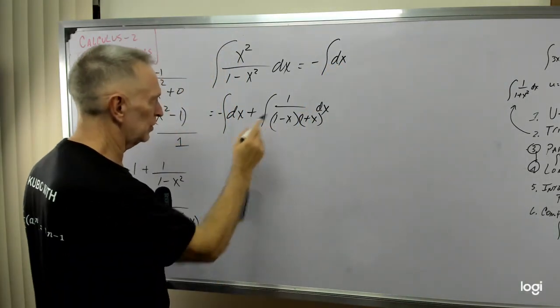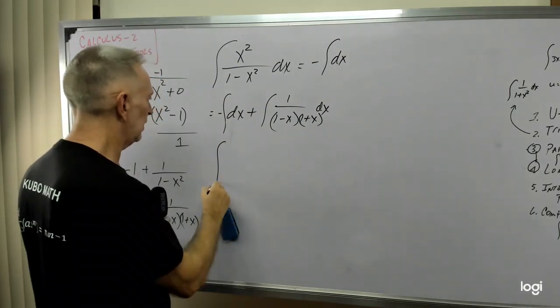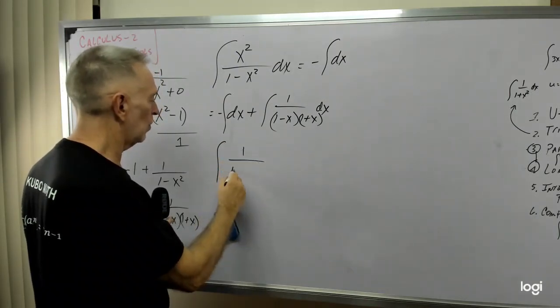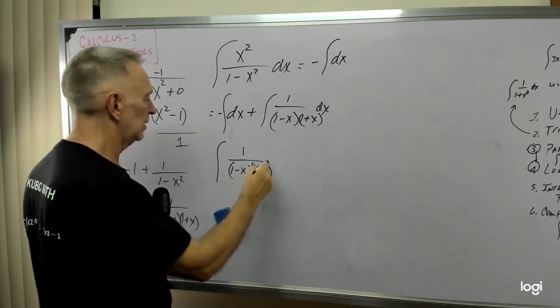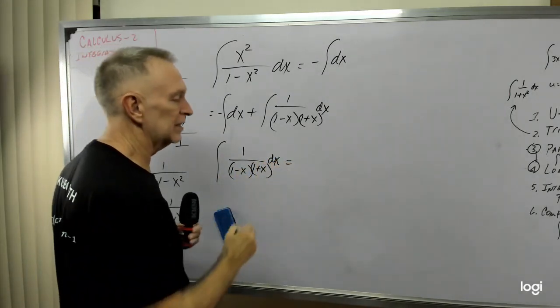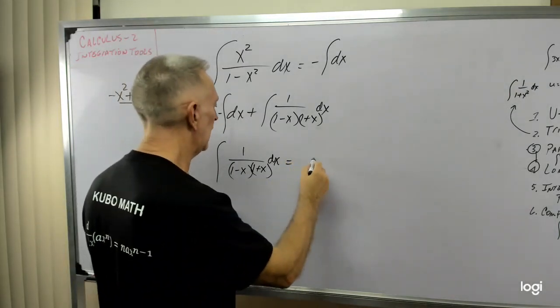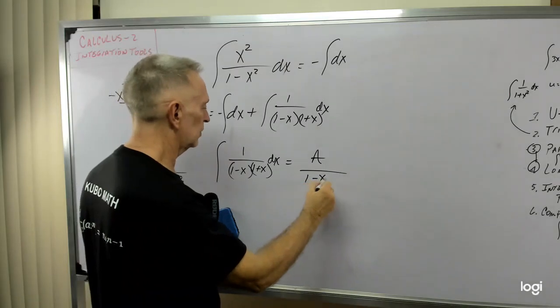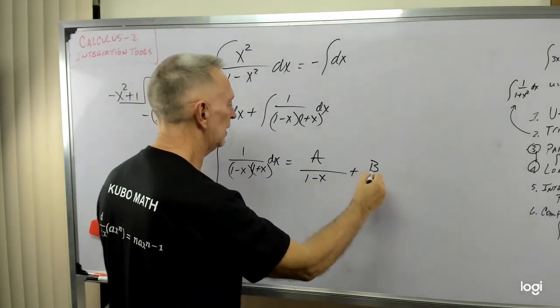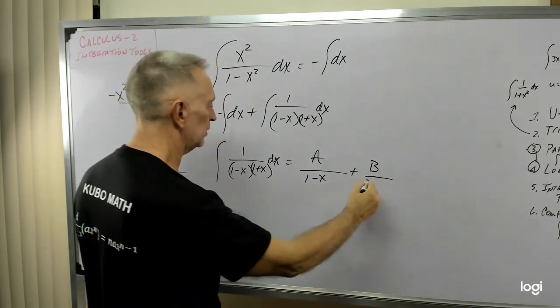So let's work with just this one. So we have the integral of 1 over 1 minus x times 1 plus x dx, and we're going to set that equal to a over 1 minus x plus b over 1 plus x.